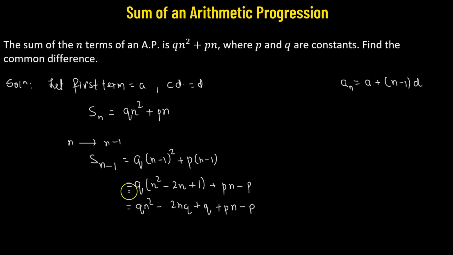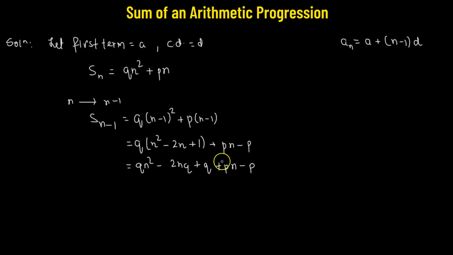The reason we try to find the sum up to the n minus 1 terms is that if we subtract the sum of the n minus 1 terms from Sn, this is going to give us the nth term. The logic is like this. Let's say we have 4 terms.